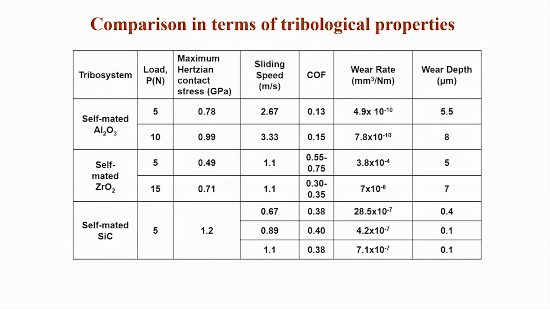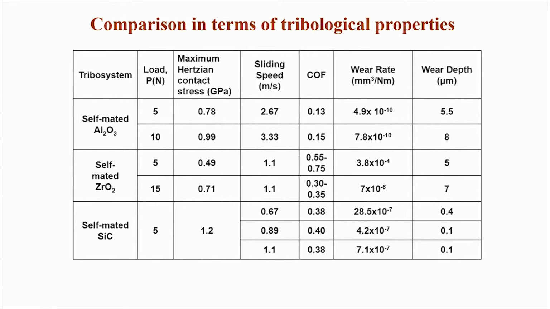Now, if you want to be extremely fair in making this comparison, it is important to fix the load, because the load is varied in these three studies, but one load is very common for alumina, zirconia and silicon carbide, that is 5 Newton. And a 5 Newton load, depending on the elastic modulus of the materials, leads to a difference in the Hertzian contact stress.